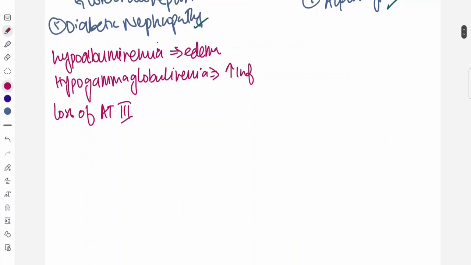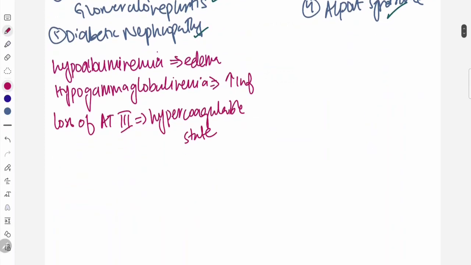If it's not present, it is going to cause more clotting. So hypercoagulable state. Normally AT3 decreases coagulability, okay? And then if there is loss, it's going to be a hypercoagulable state.